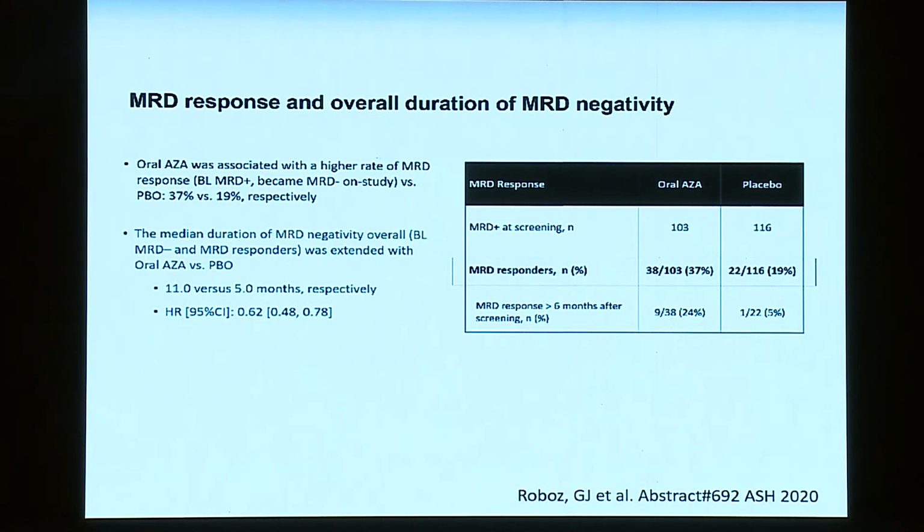And there is a group of placebo who don't receive any treatment, no intervention, they are just monitoring the MRD. In that cohort, 19% achieved MRD negativity without any intervention.